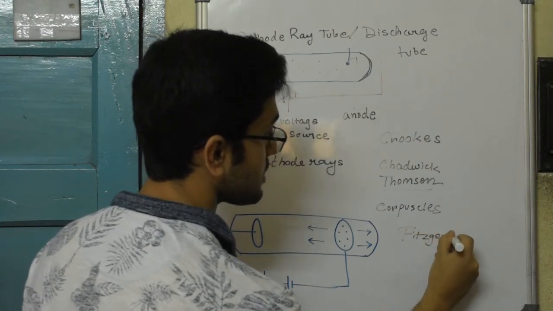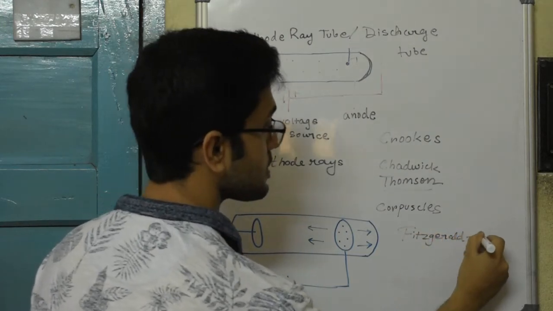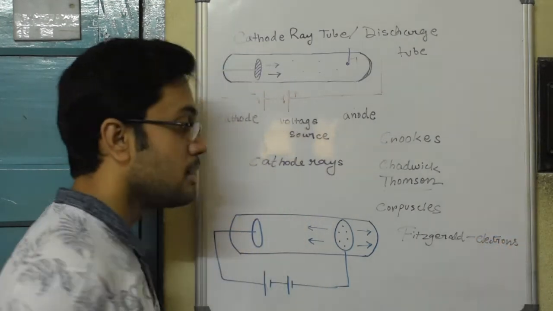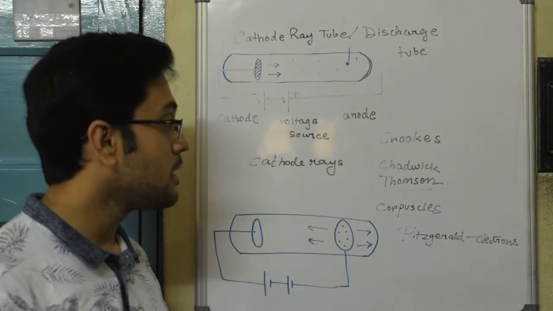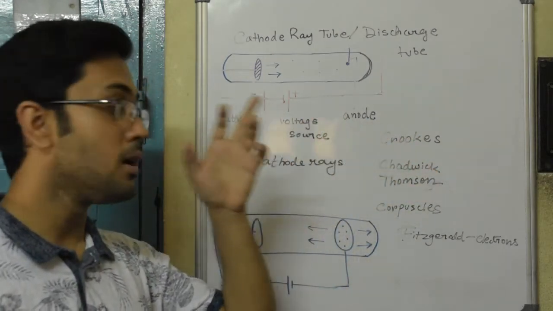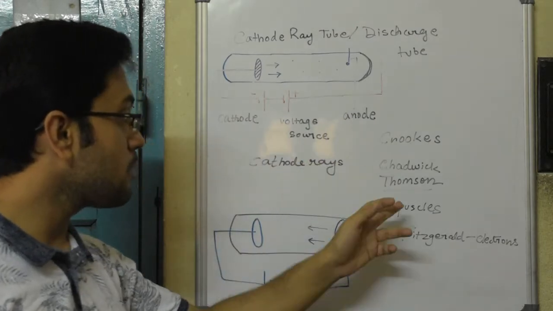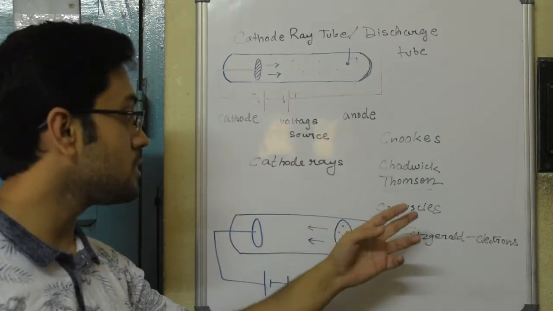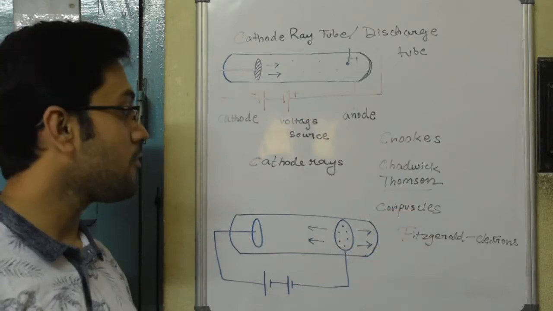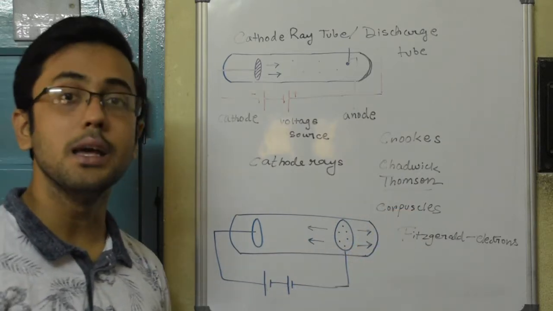He named the corpuscles electrons, and that is how we know them: negatively charged particles. So they were initially called cathode rays when Crookes performed the experiment. Later Thomson performed the experiment with a modification, and he named these particles corpuscles. And finally Fitzgerald named them electrons.